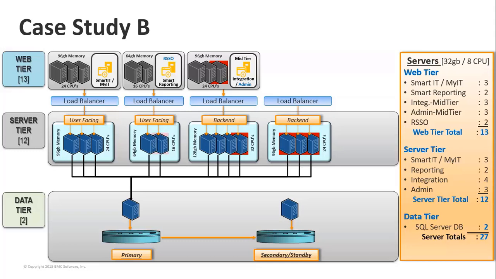So as we move forward, they also took a look at RSSO and the combined smart reporting, and this was a little bit more of a shift in direction in their use of smart reporting. They got very good at understanding how smart reporting was actually going to be leveraged within the solution, within their environment. And it turns out to be a little bit more focused than they initially anticipated.